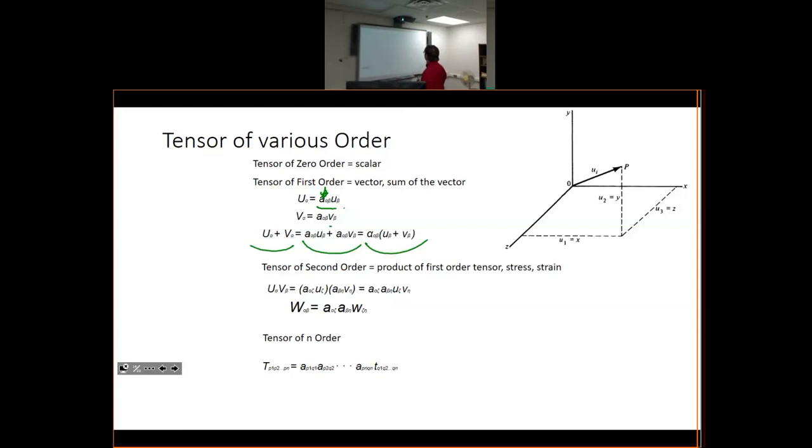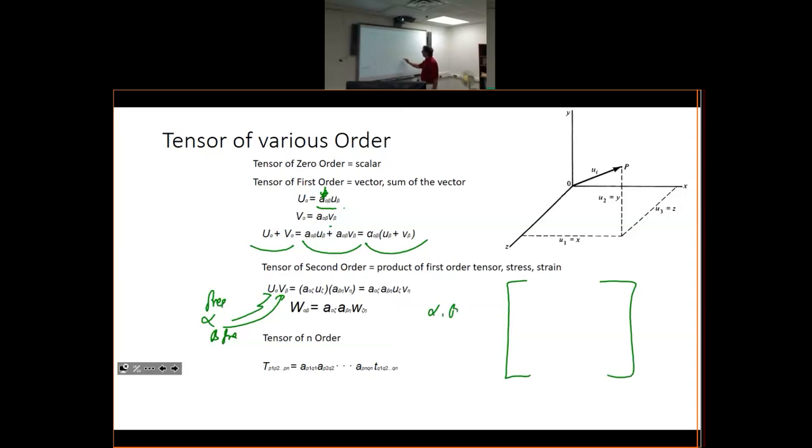If we are looking for higher order term, then for second order, for example, we will need to do it twice. So like U alpha V beta altogether is a second order term, because we can have two free indices. Alpha is free because it's repeated only once, and beta is free also. And if we have alpha and beta free, then it means this is a matrix.